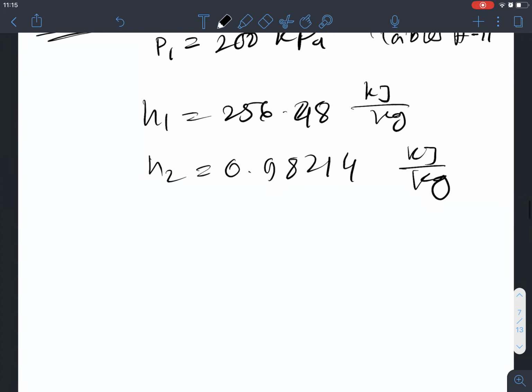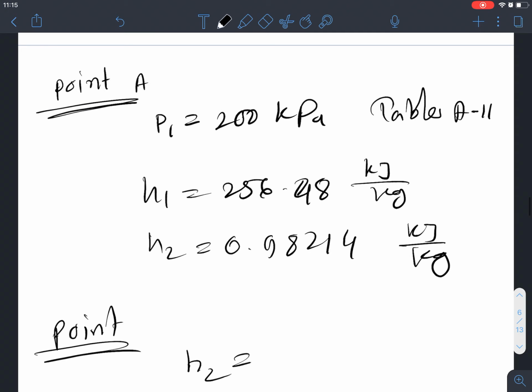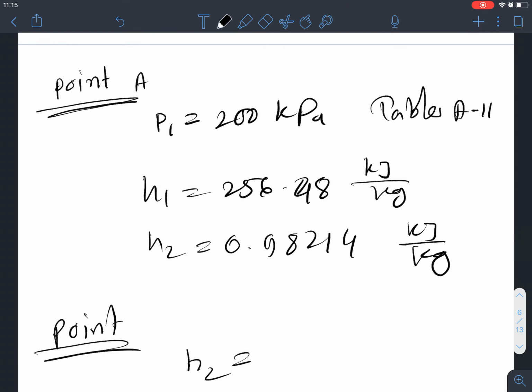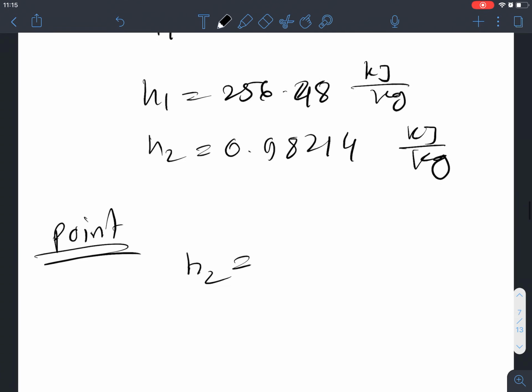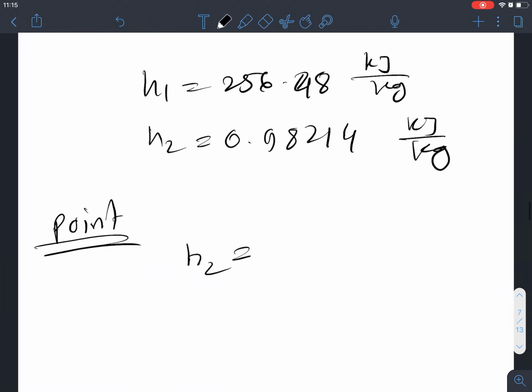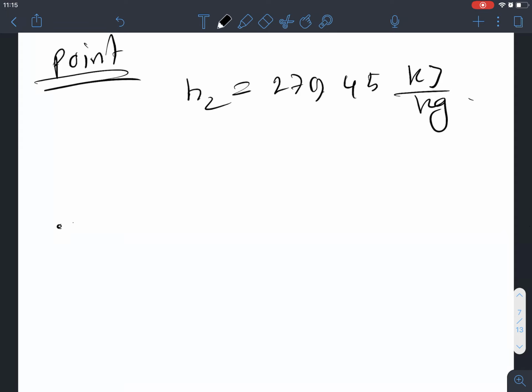And also we know point H2s, right? H2 with respect to 800 kilopascal, the enthalpy is 279.45 kilojoule per kg.